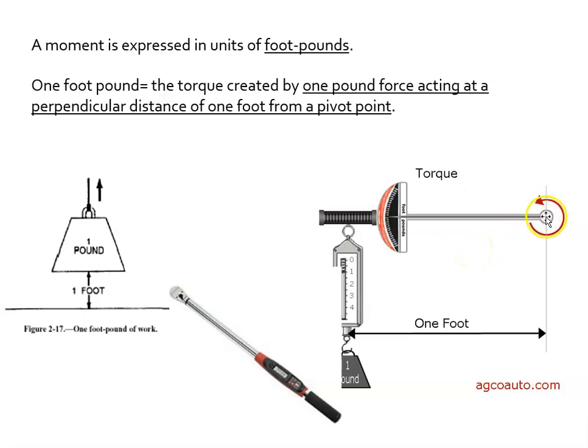So here is a screw or a bolt that needs to be tightened, and this is a handle. So we put our hand right on here, and we are going to push. We're going to twist it. We're going to take this thing and rotate it in this direction to tighten up that nut. And what's going to register right here on this digital one, or right here on this scale, is how many foot-pounds have been applied to that bolt.